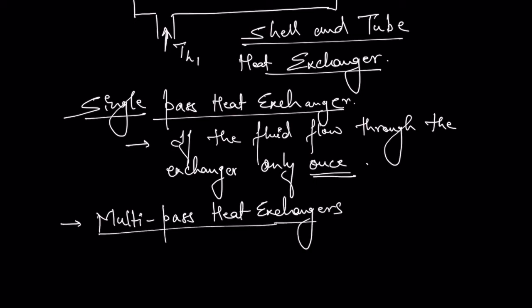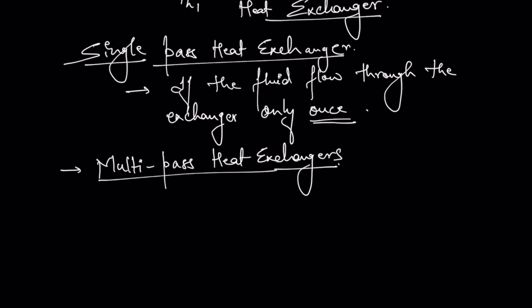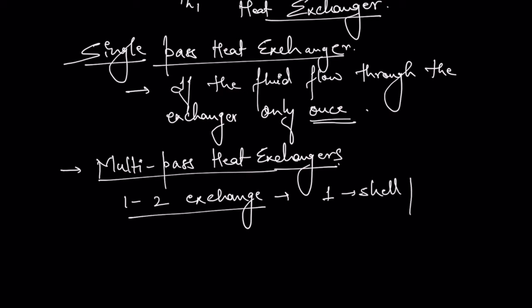Okay, so multi-pass heat exchangers are those in which both the fluids or one of the fluids in the exchanger travel more than once. So an example of multi-pass is the 1-2 exchanger, we call it. Wherever 1-2 exchanger is written, it means that it's one shell pass and two tube passes.